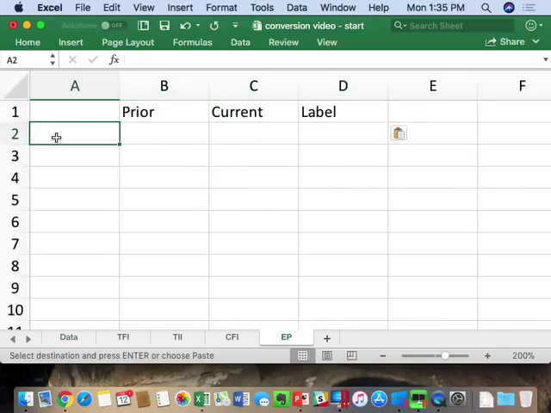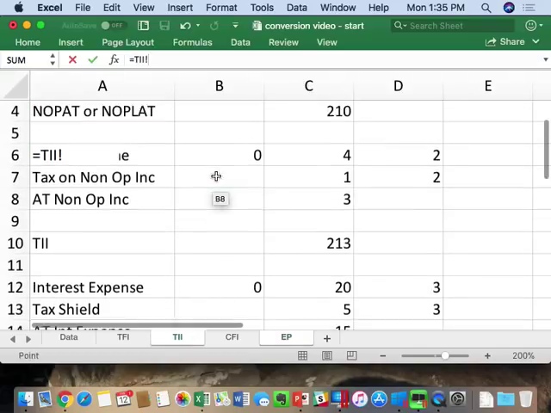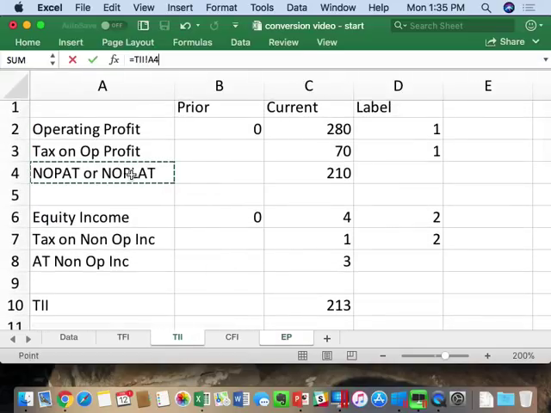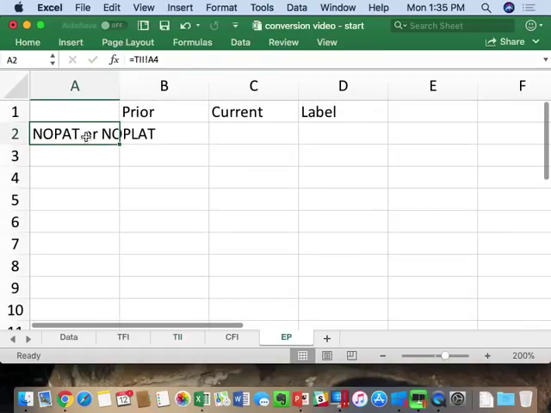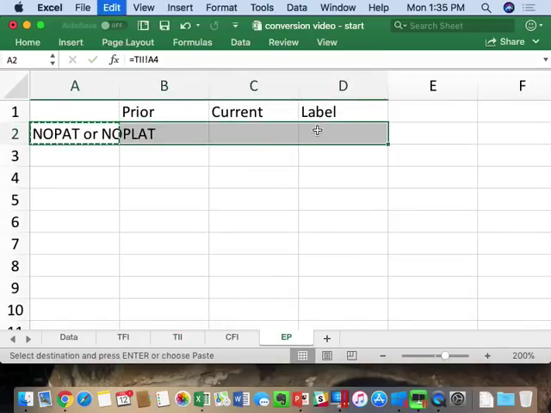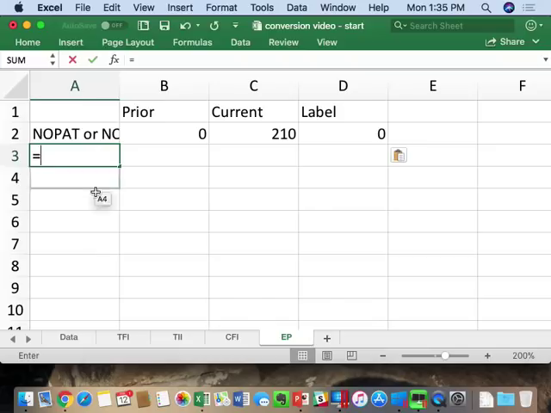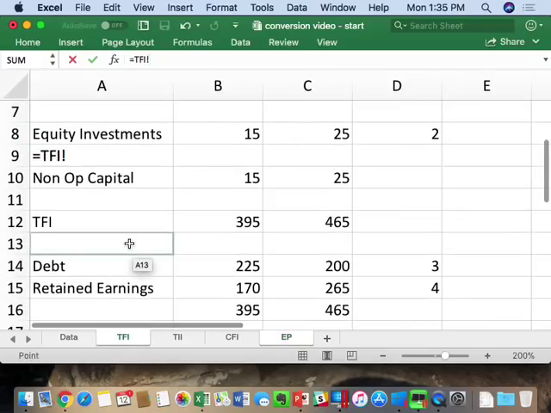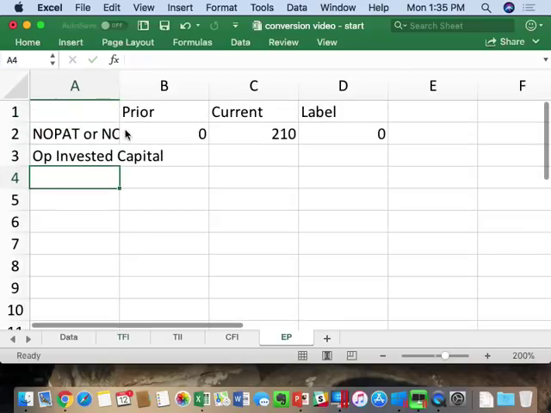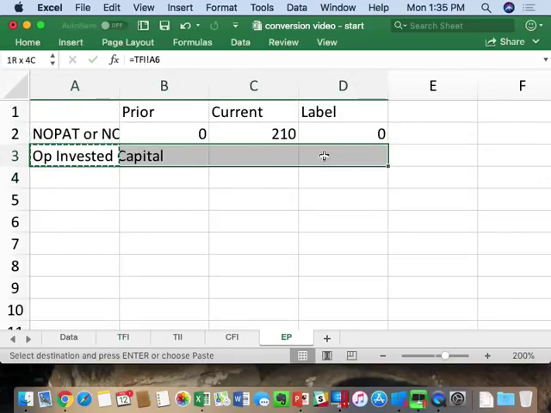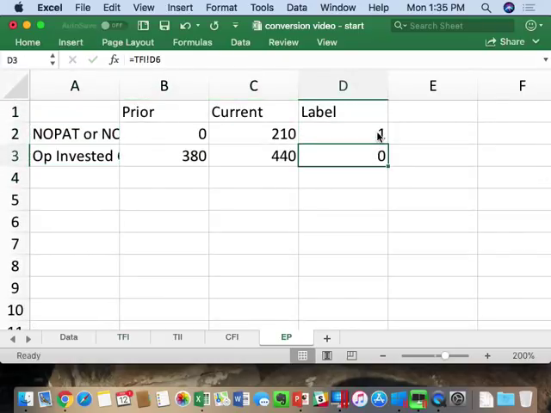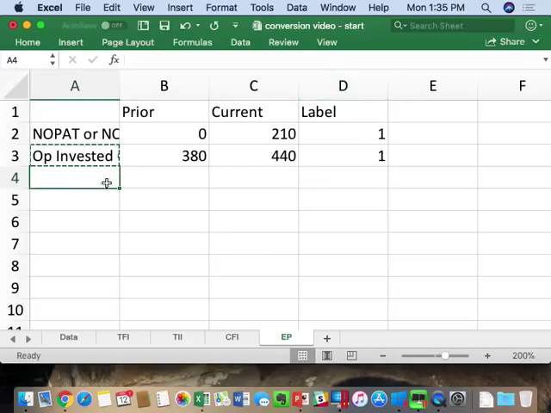Okay, so here's what we're going to do. We're going to take our NOPLATs. And then we're going to take our invested capital, the operating invested capital, and we're going to calculate what's called a BOY, which stands for beginning of year ROIC. This is what's on the homework.